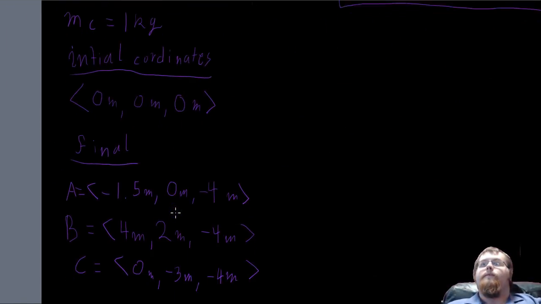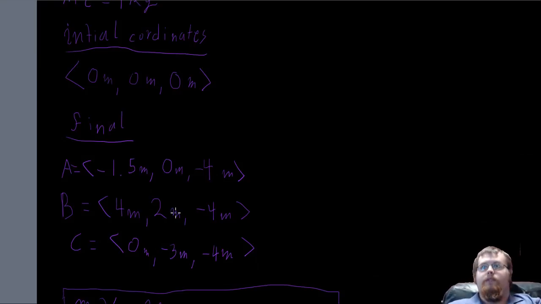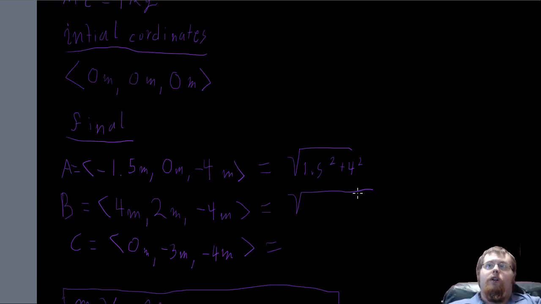Our distances can be found using these right here, and since we're going from a zero frame, we can put this equals the square root of 1.5 squared plus 4 squared, the square root of 2 times 4 squared plus 2 squared, and then 3 squared plus 4 squared.